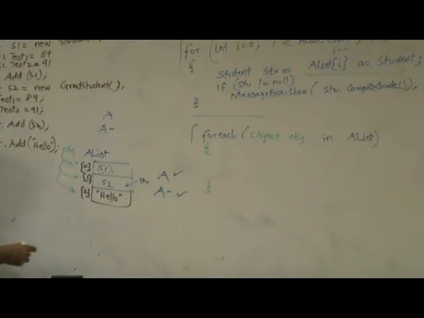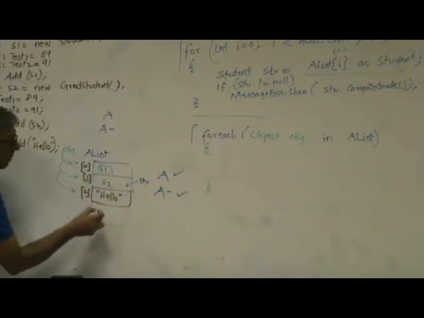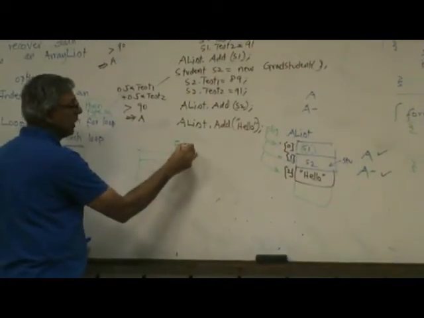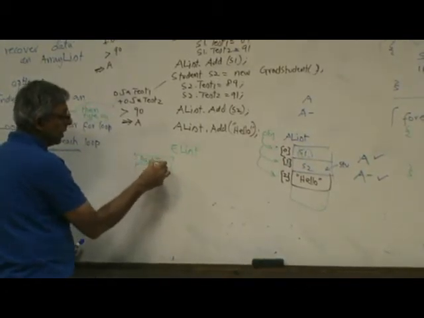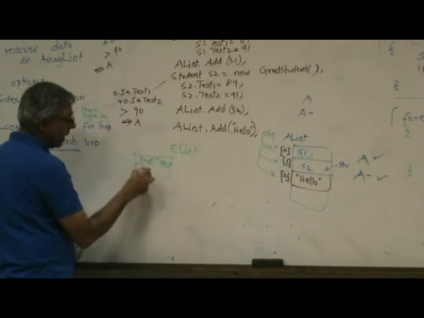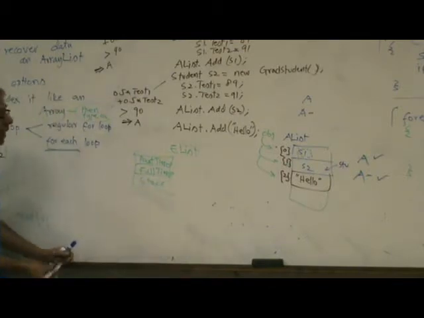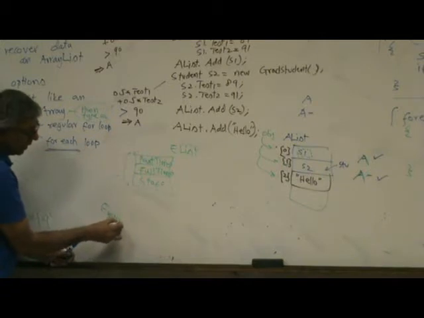Now suppose some were students, some were grad students, some were part-time students, or let's pick another example. Suppose that you have some E-list over here. You had a part-time employee, you had a full-time employee, you had a staff object over here, and let's pretend the base class of all of these is an employee.